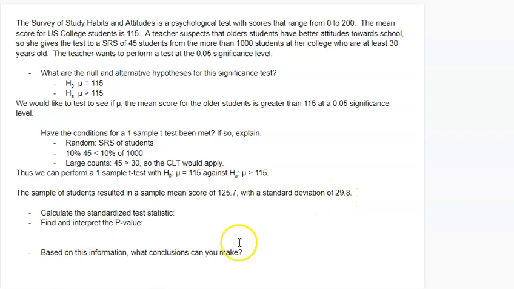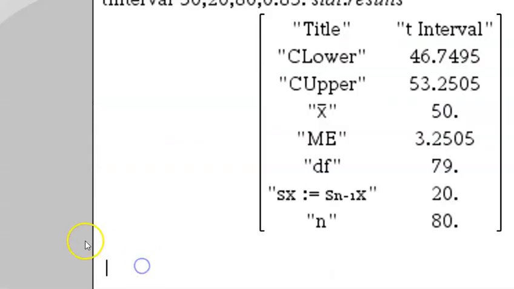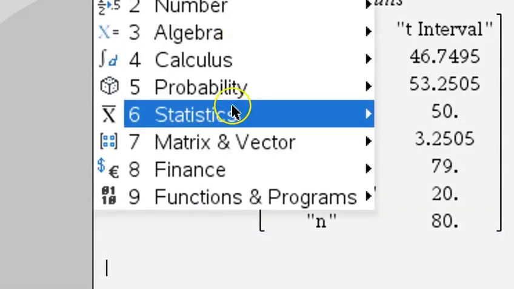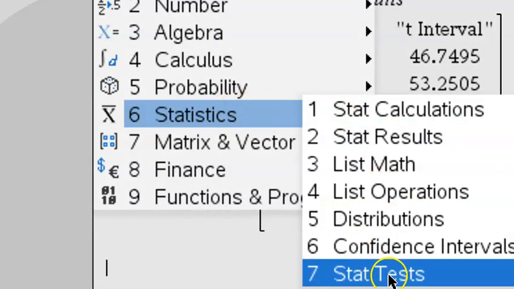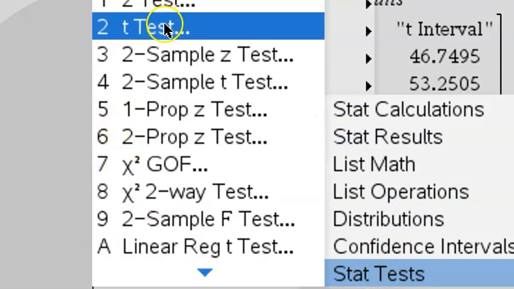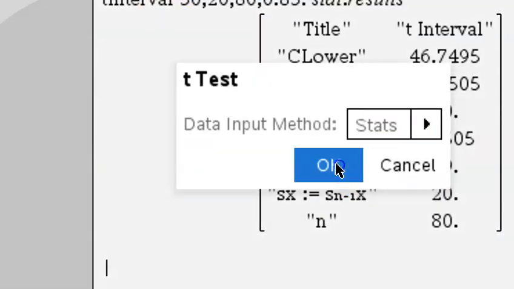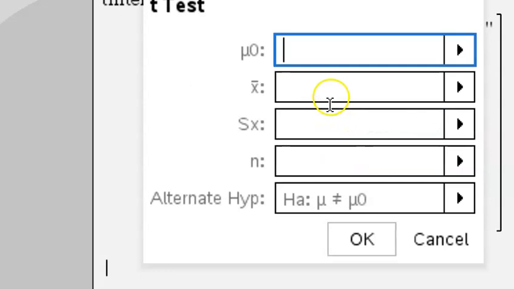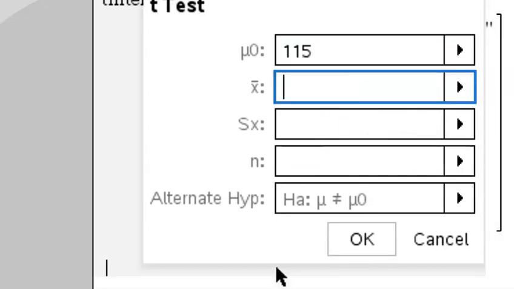So in this, we're going to assume that we're using a calculator like we should. We're going to perform the one sample t-test here in the calculator. So menu, statistics, stat tests, t-test. We have the actual statistics. The null hypothesis was that it was 115. The sample mean was 125.7.